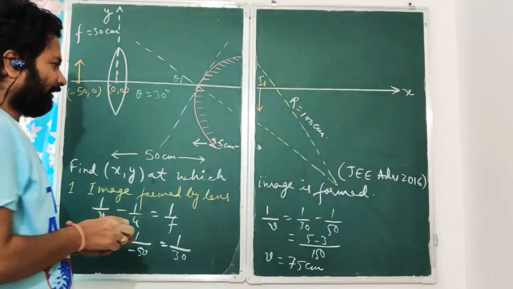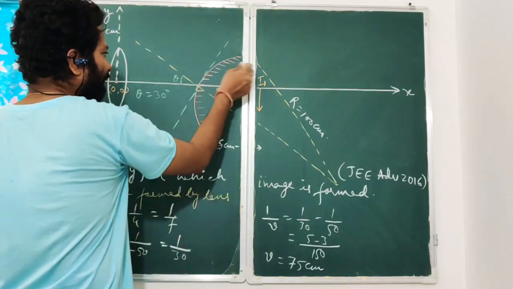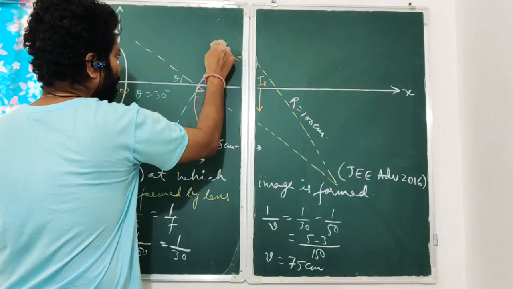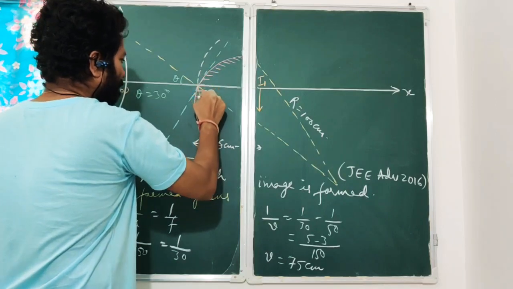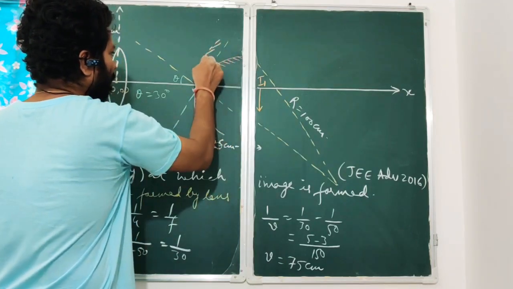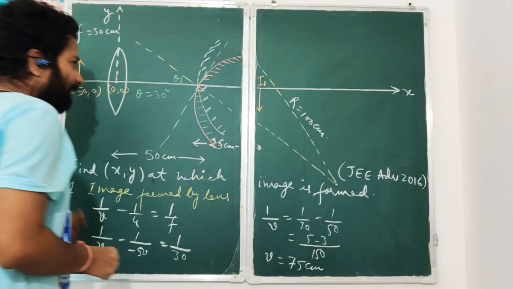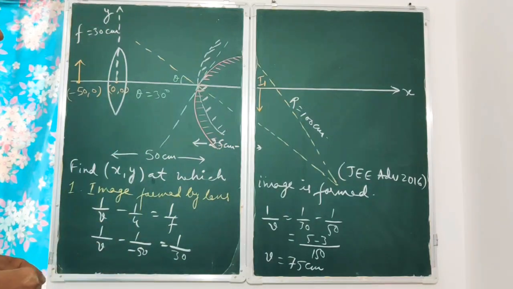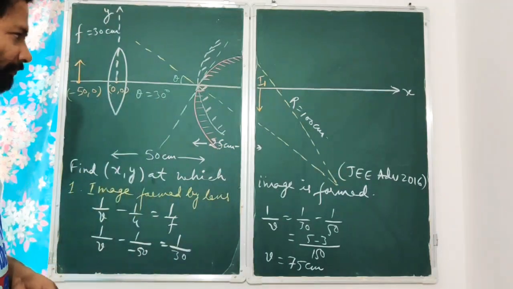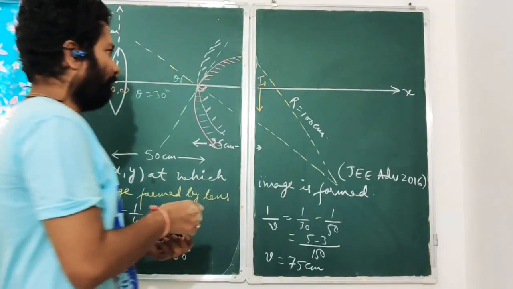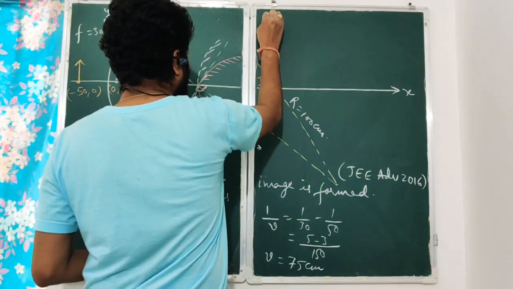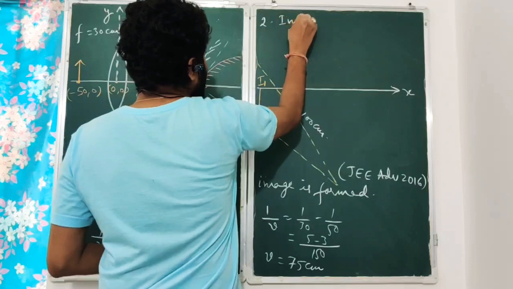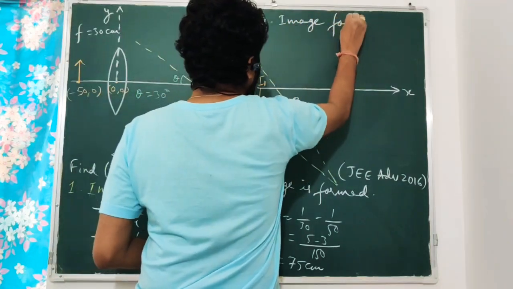Now imagine that this mirror is not tilted. If this mirror was kept normally without tilting it, then where would the image have been formed? Let us say at a distance of some V2. So for this mirror, second step, image formation by untilted mirror.